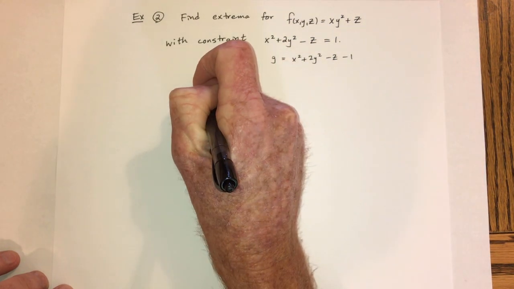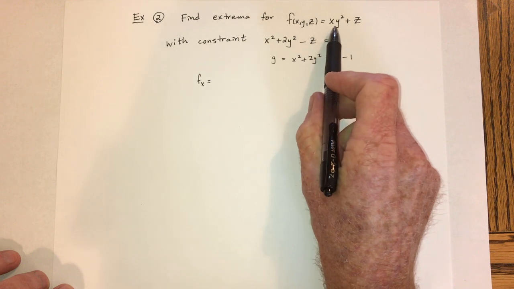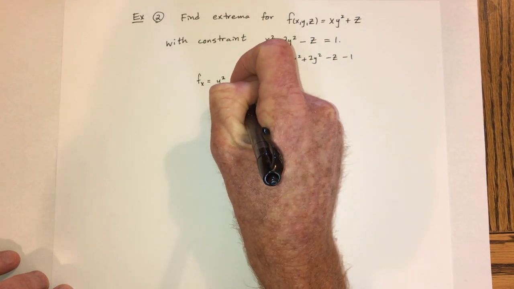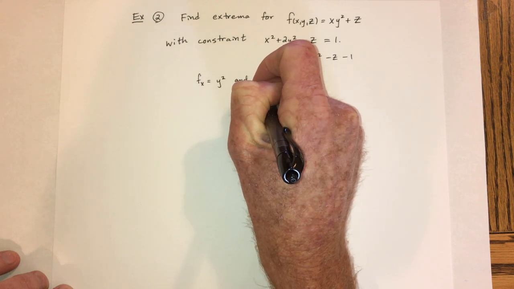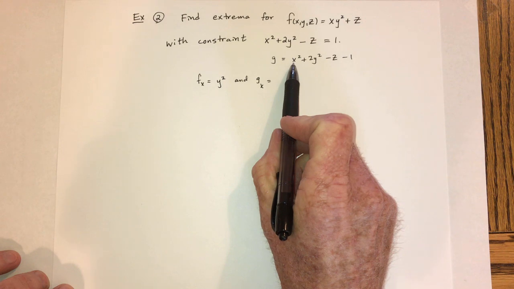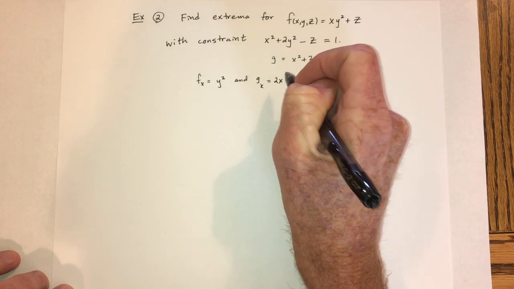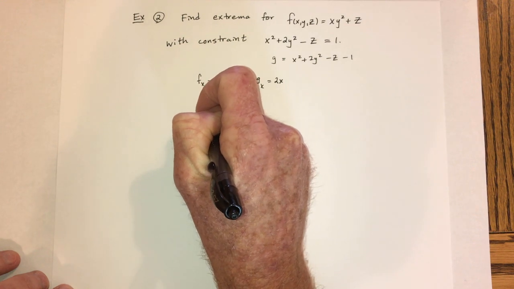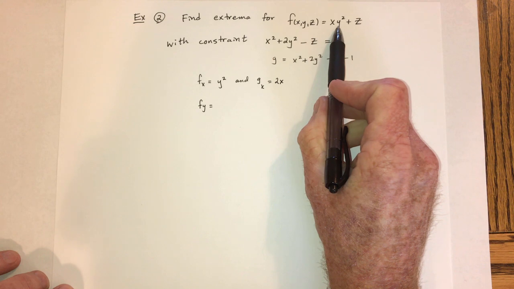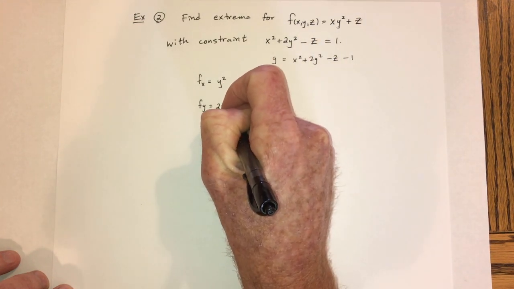All right, now the derivative with respect to x on the f function. So that would be 1 times y squared, so that's just y squared. And for the g function, the derivative with respect to x is just going to be a 2x. Now moving on to the derivatives with respect to y. So the derivative of this would be 2y, and the x will just stay there, so it's going to be 2xy.